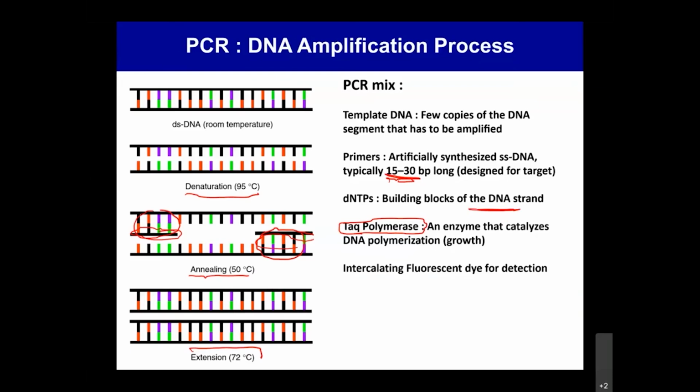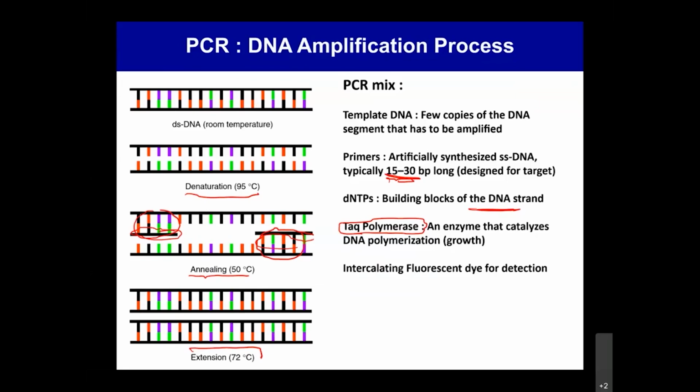So it essentially takes these building blocks and stitches them at the right place. And that is how you essentially go from one DNA double strand segment to two of them after this entire cycle. This is called one cycle of PCR, right?